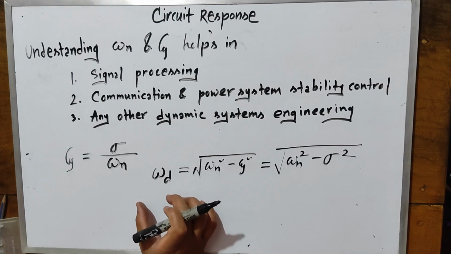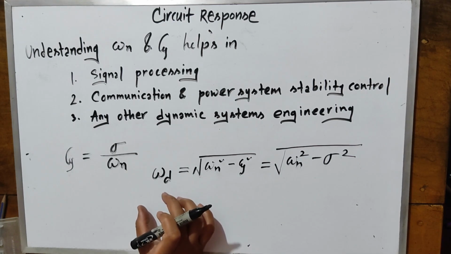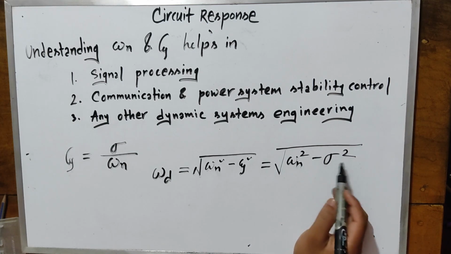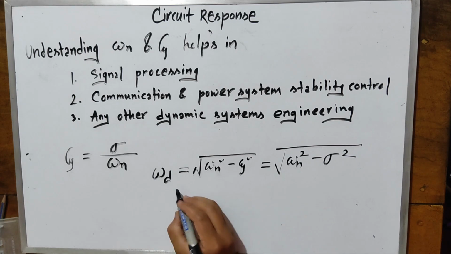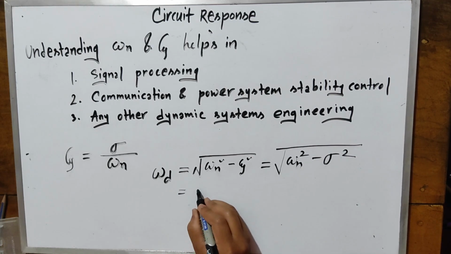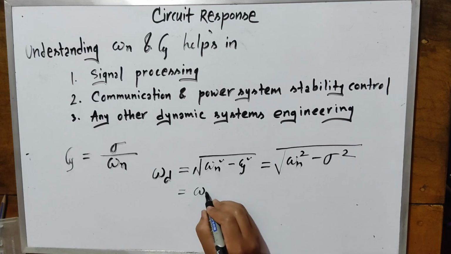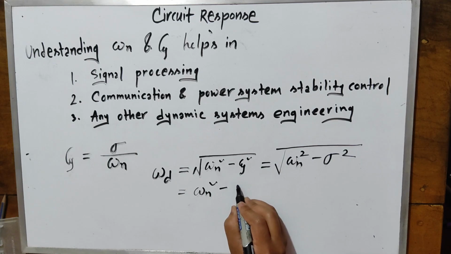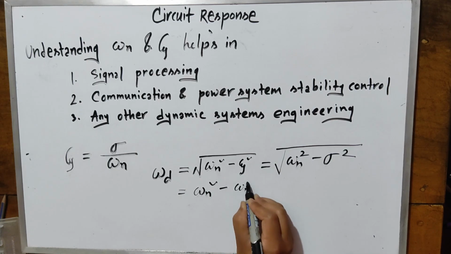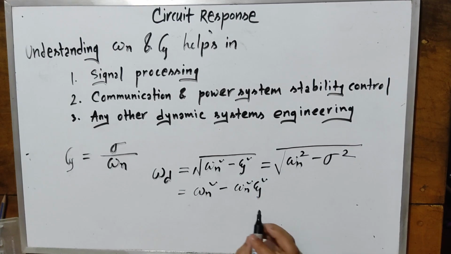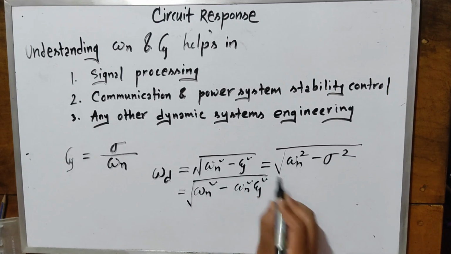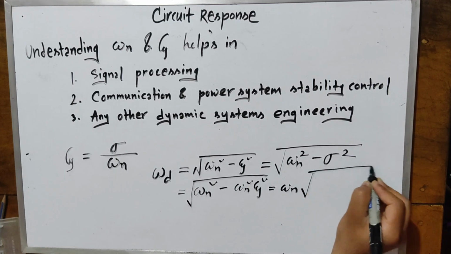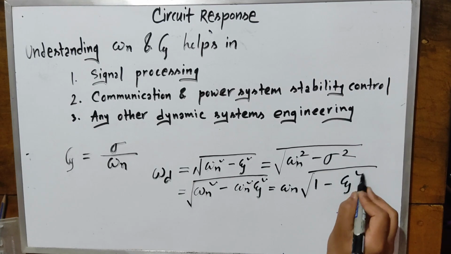So the damped natural frequency is the combination of the undamped natural frequency and the Napier frequency. So this becomes omega n square minus omega n square psi or zeta square, square root over, which becomes omega n times square root of 1 minus psi square.